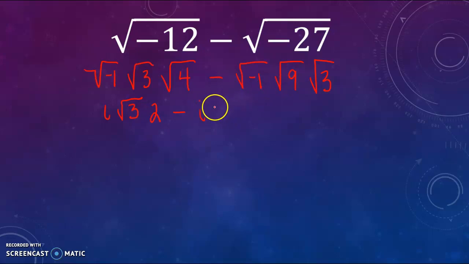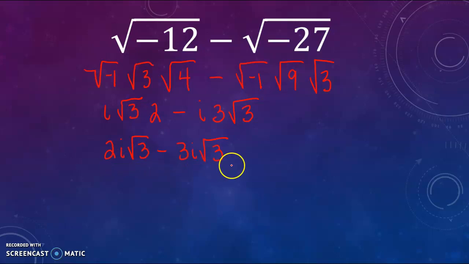The square root of 9 is 3. And I can't do anything with the square root of 3. So I'm going to rearrange this a little bit so it just looks a little nicer. It's going to become 2i square root of 3 minus 3i square root of 3, because we kind of want the coefficient, then the i, then the radical.